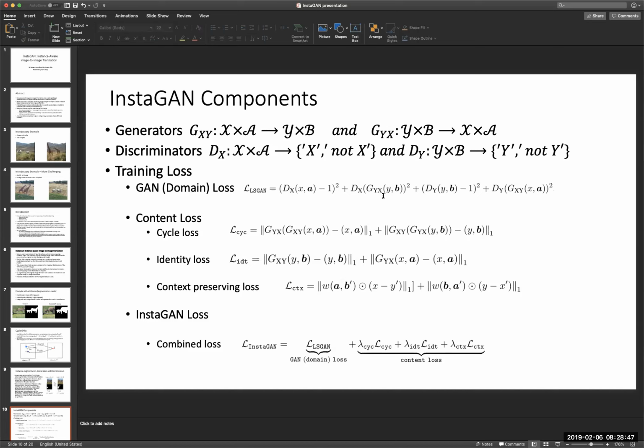In the next term, we're taking data from Y, from the output, and then transferring it back to X and seeing how that discriminator works.